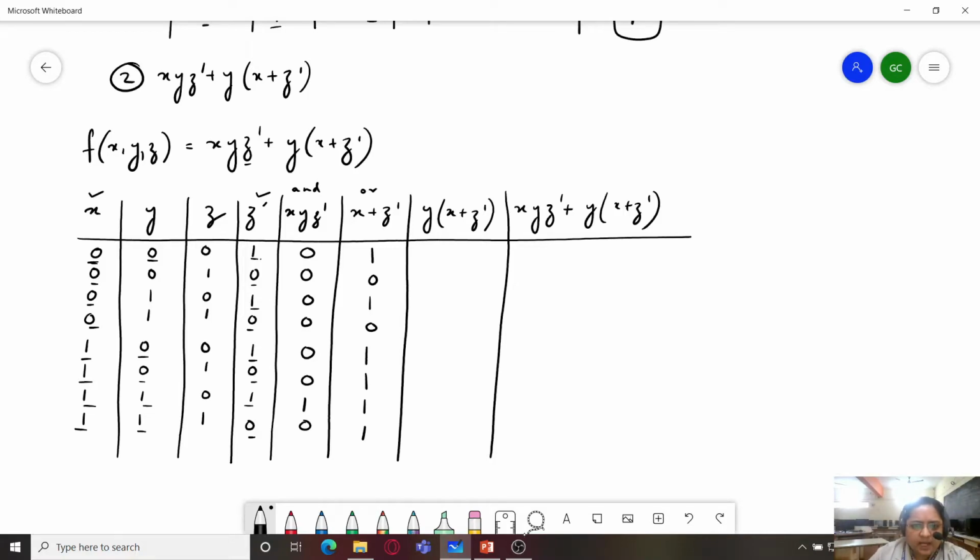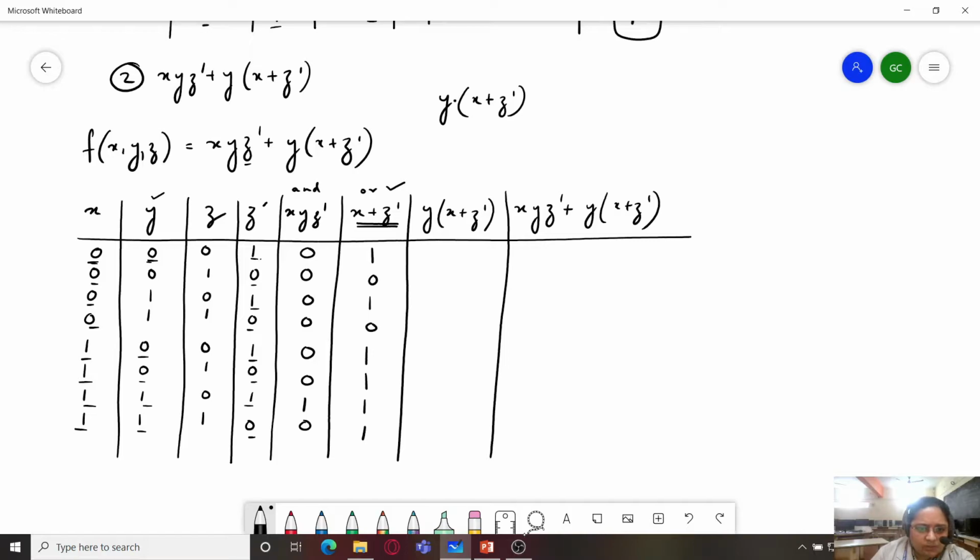Then we have y into x plus z dash. Now this x plus z dash can be derived from here, and in between these two we have the dot operation, because nothing is mentioned, so it will be dot, which means it is logical AND operation, and that would be y and x plus z dash, that is these two columns.